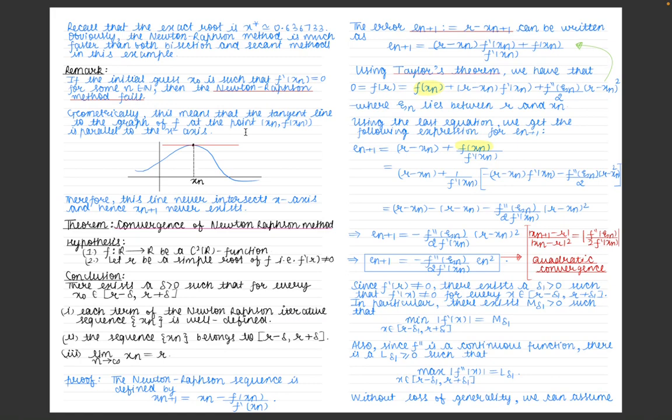Simply en plus 1 is minus f double prime zeta n by 2 f prime xn times R minus xn squared.